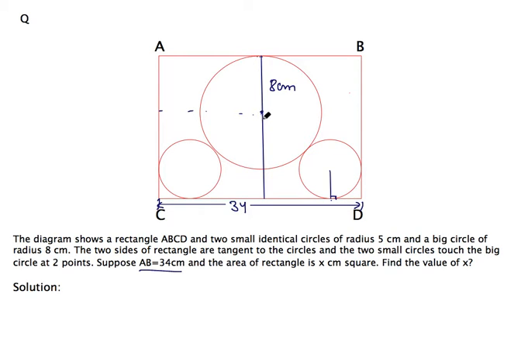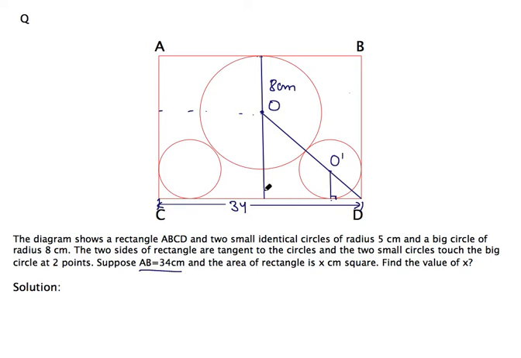So let's start labeling it. Let's say the center of the big circle is O, and the center of the small one is O dash. In order to find this one, look at what I'm doing here. I joined the center of the big circle with the point D here. Why?